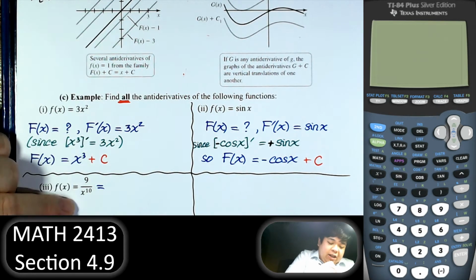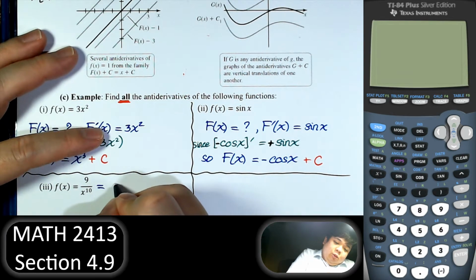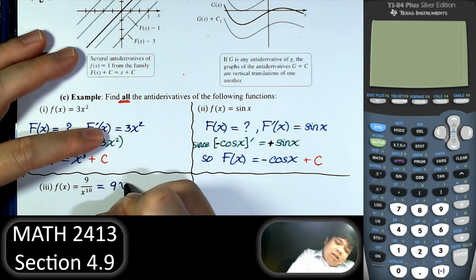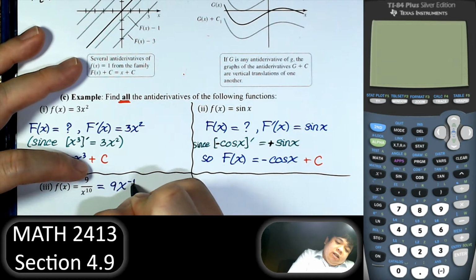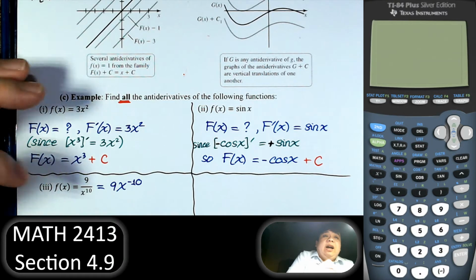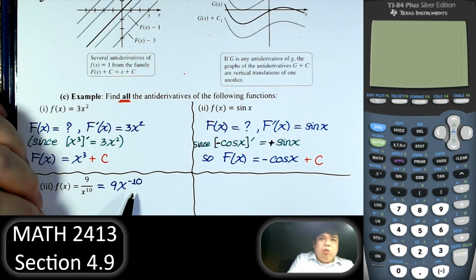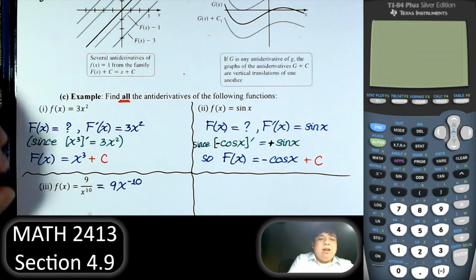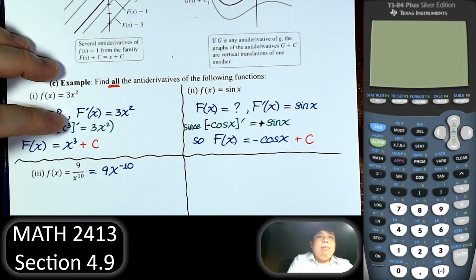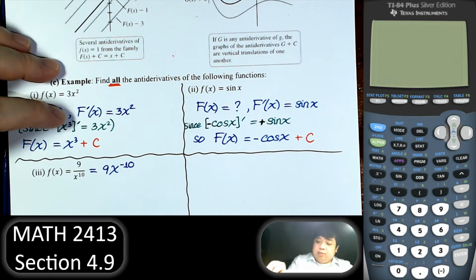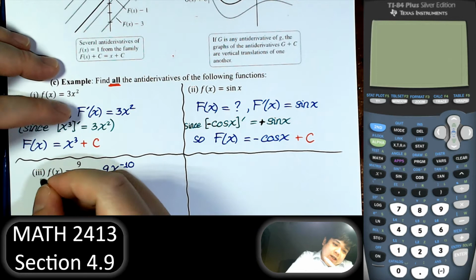Now 9x to the 10, we can write 9x to the negative 10. And then we ask, what function's derivative will have x to the negative 10? Right, so let's think.